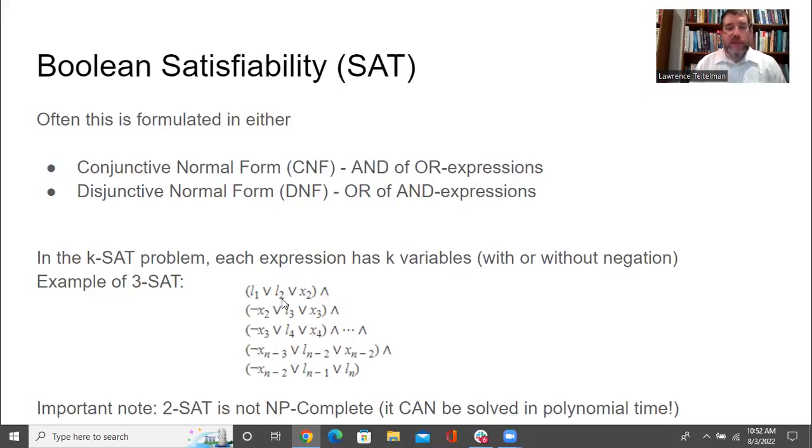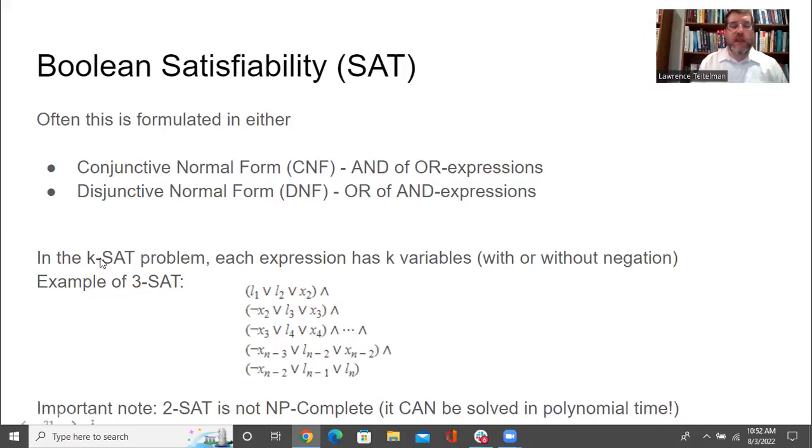Now, this is called 3-SAT. Why? Because each of the clauses has exactly three variables: 1, 2, 3; 1, 2, 3; and so on. We can string together as many clauses as we want, but within each clause there are three variables.